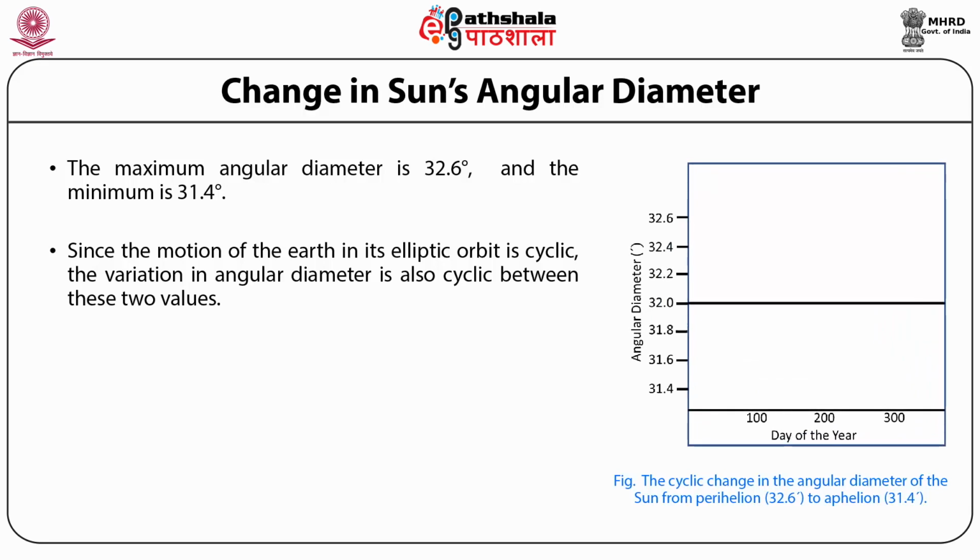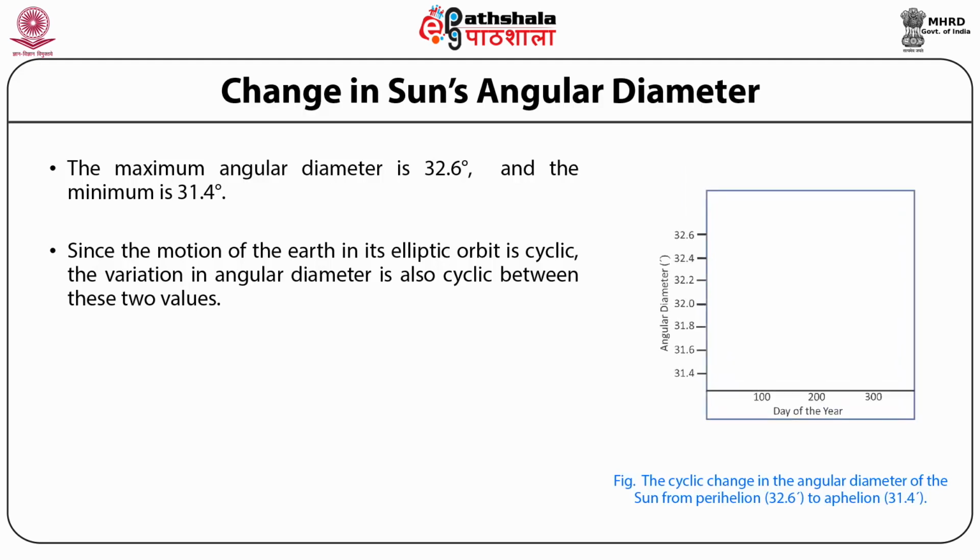The figure given here shows the cyclic change in the angular diameter of the Sun from perihelion to aphelion, that is from 32.6 to 31.4.